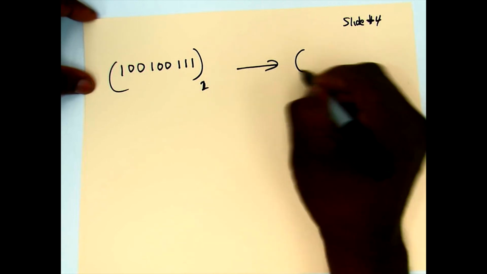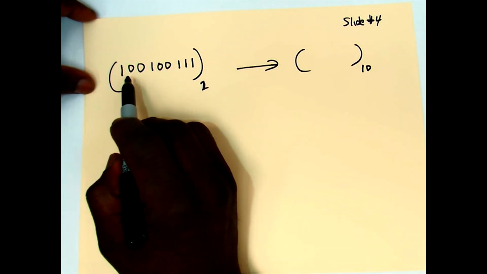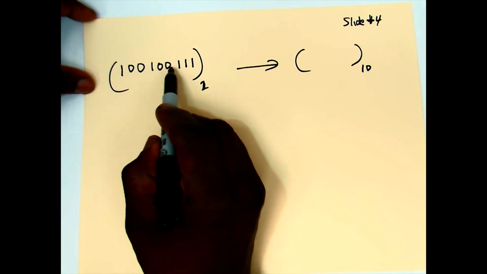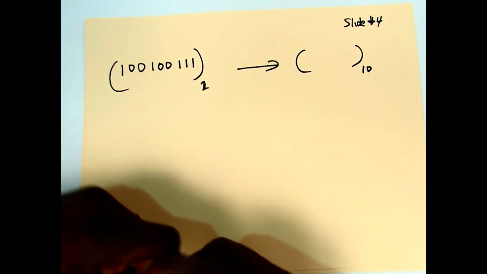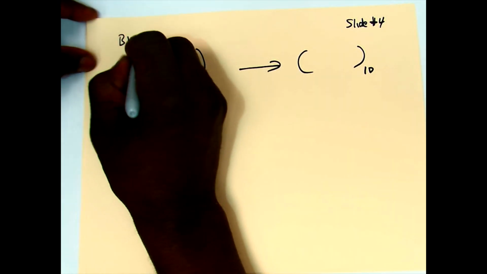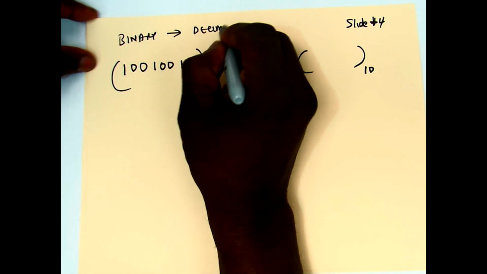We want to take it to base 10, where we started from. Let me make sure we got the right thing: 1 0 0 1 0 0 1 1 1. This is binary to decimal.